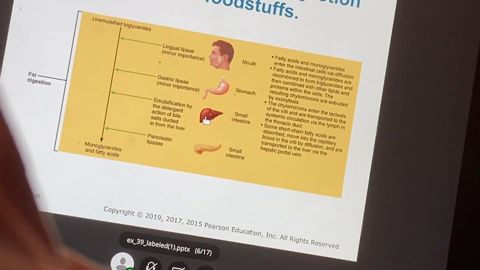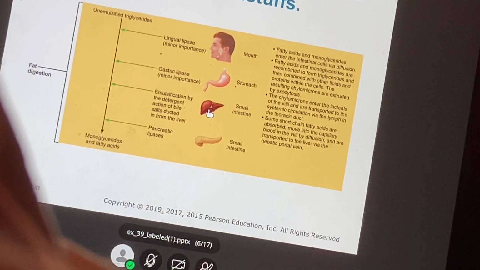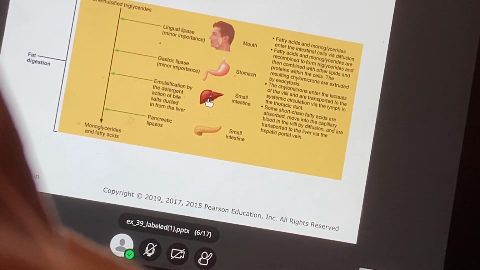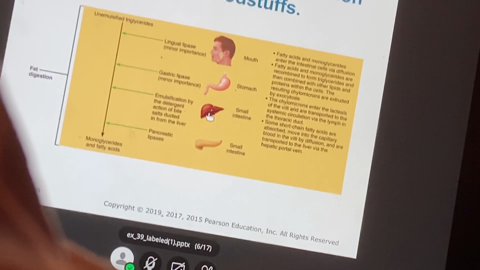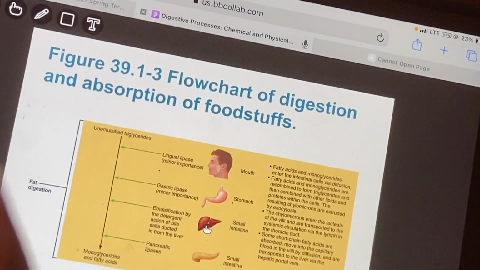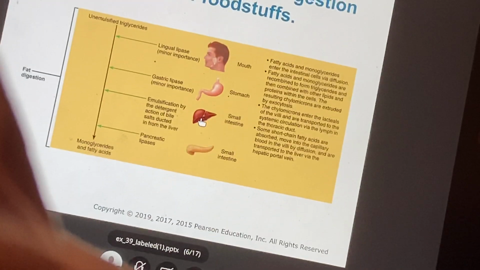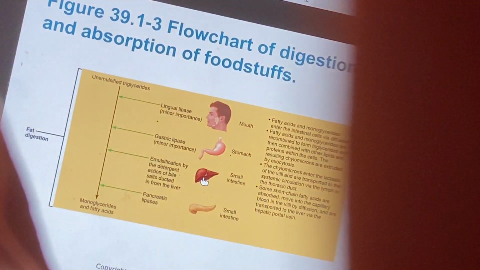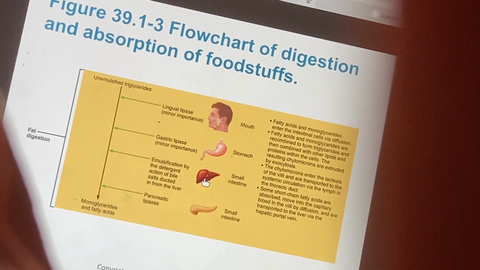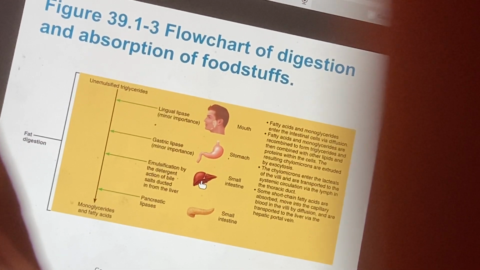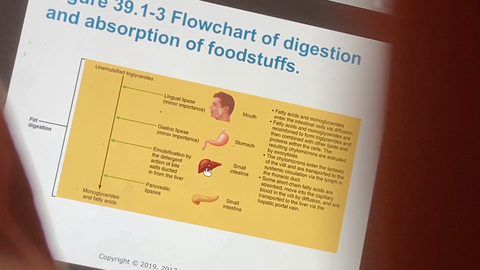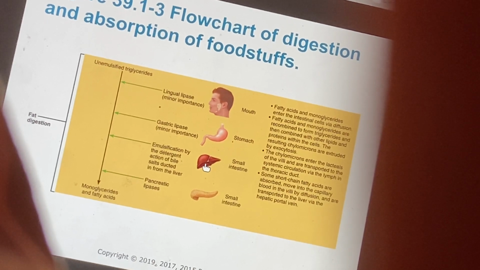Okay, so it comes from the liver. It's the liver that produces the bile, and it is stored in the gallbladder, another accessory organ of the digestive system. Of course, the main organ there is the liver because it's the one that produces the bile. That's why we can live without the gallbladder, but we cannot live without the liver.